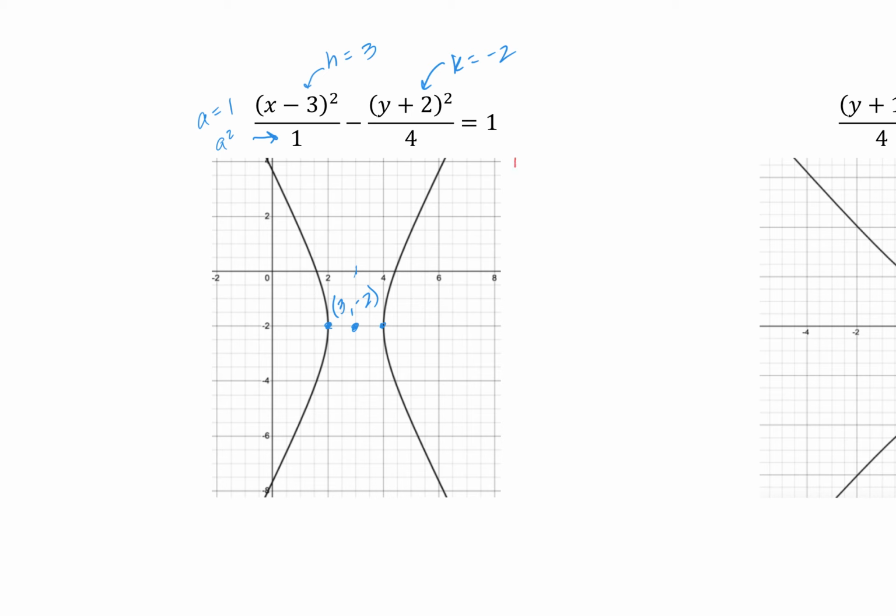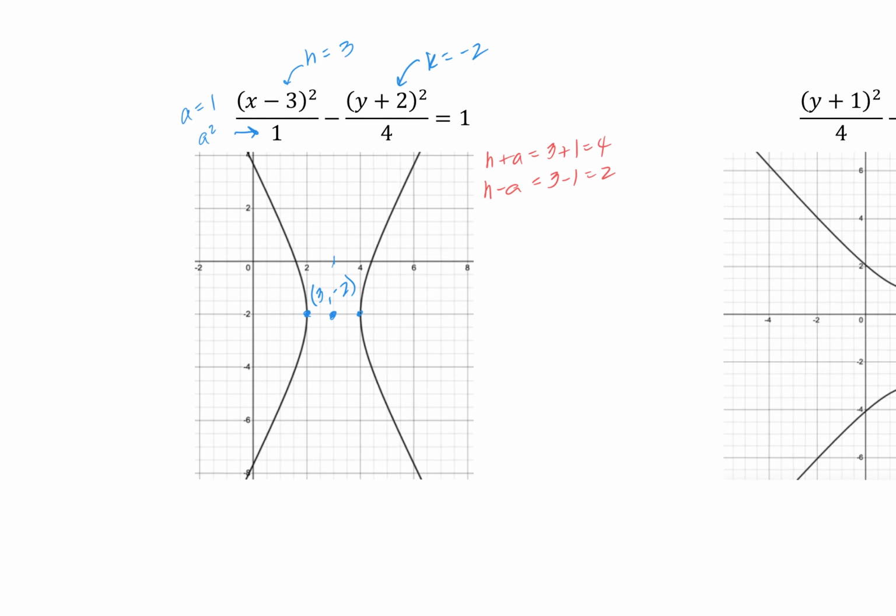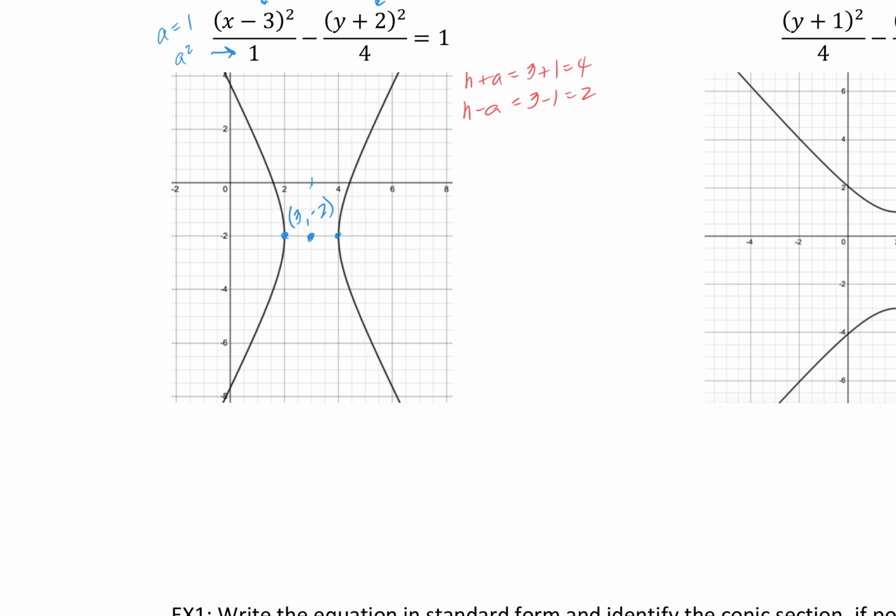So I'm changing my h value. I'm going to add a and subtract a. So h was 3, plus 1, I get a 4. And then 3 minus 1 gives me a 2. So are the vertices at 4, -2 and 2, -2?